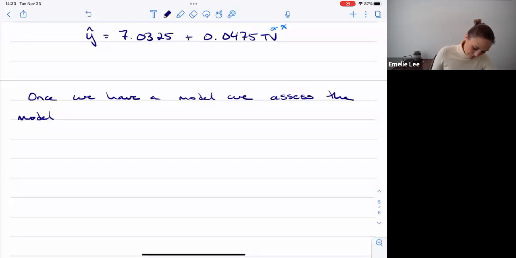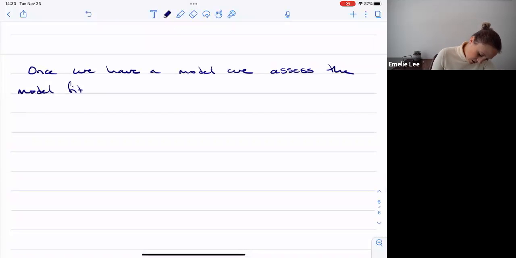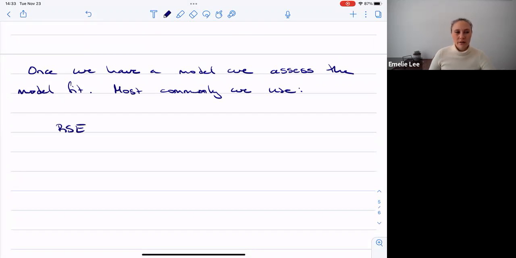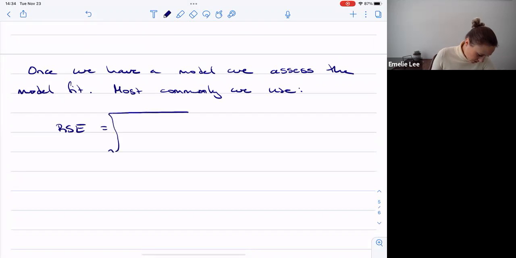So the model fit. Most commonly we use the RSE, which is the root of 1 over n minus 2 times the RSS.